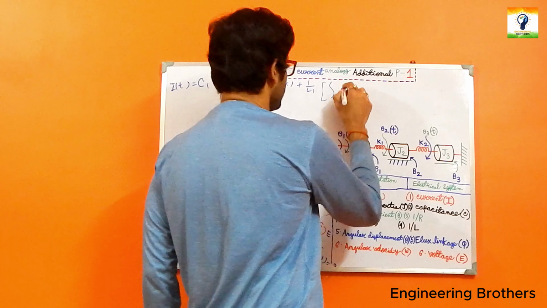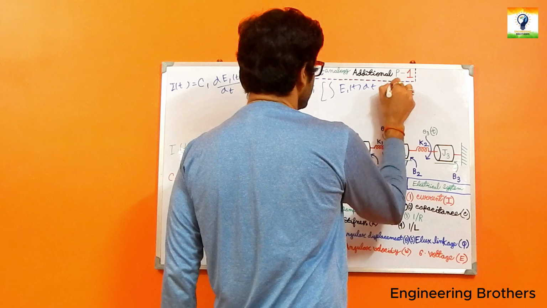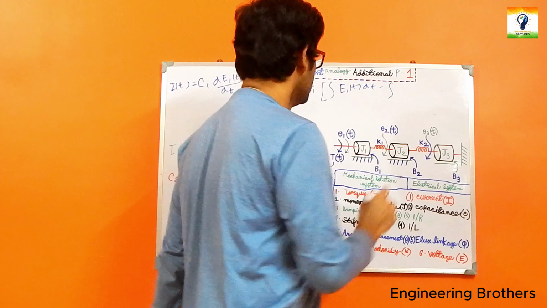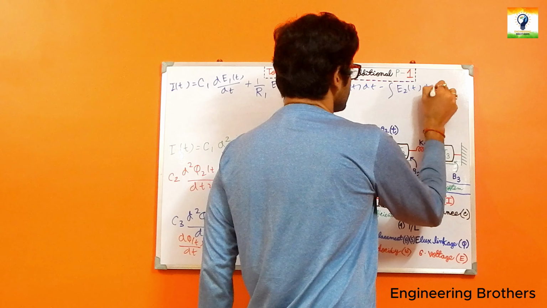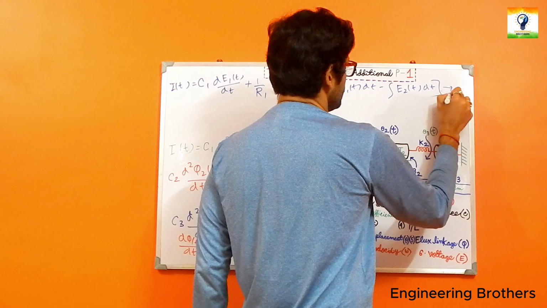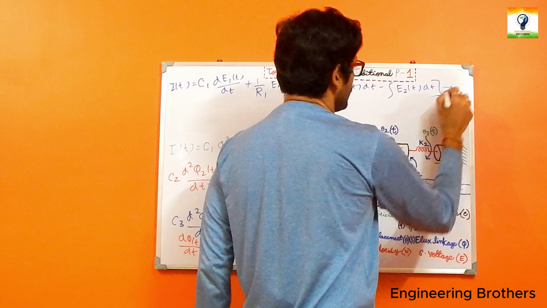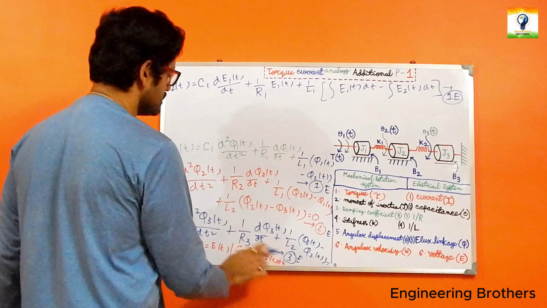So integration of U1(t) dt minus integration of E2(t) dt. This will be our first electrical equation, or first converted equation, after we have utilized these two relations.